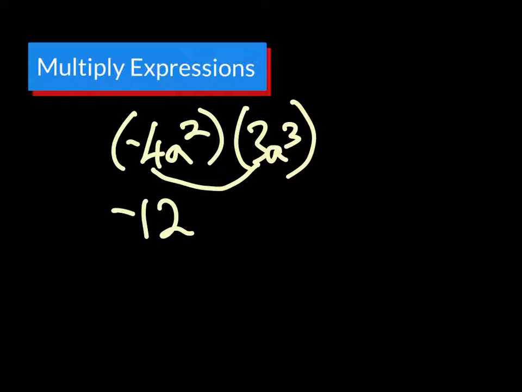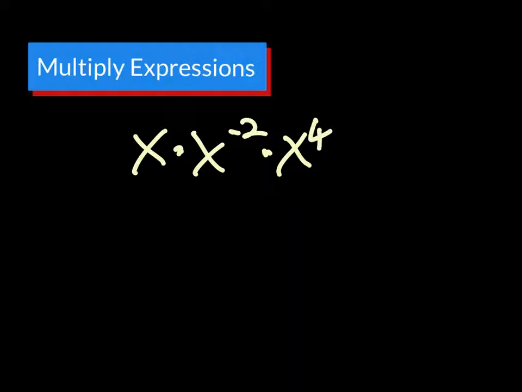Second, we're going to multiply the letters, but we can only combine the exponents if the base is the same. So to multiply a squared times a cubed, that's no problem because the bases are both a. They are the same, so we add the exponents. 2 plus 3 is 5, so our final answer is negative 12a to the 5th.